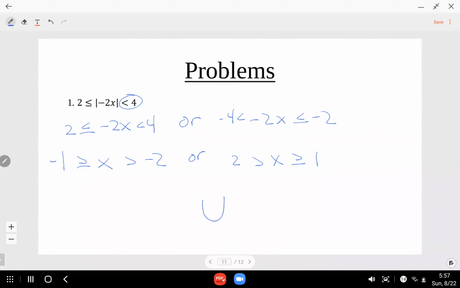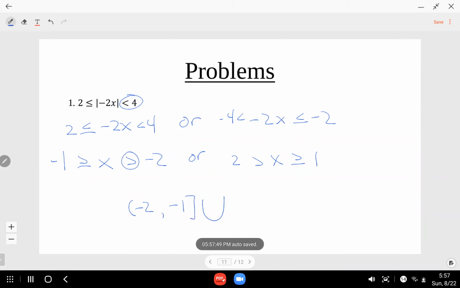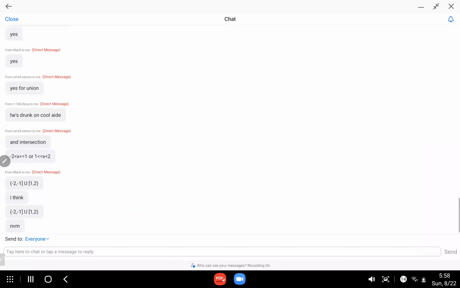You go from -2, which is not included, to -1, which is included, union, you go to 1, which is included, and then 2, which is not included. So the answer is (-2, -1] union [1, 2). That's how you use interval notation to denote it.